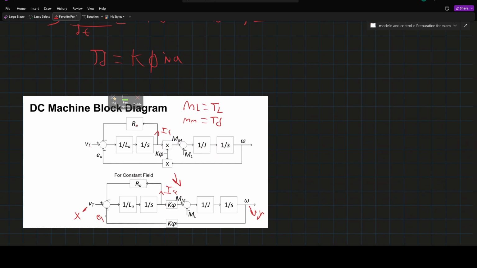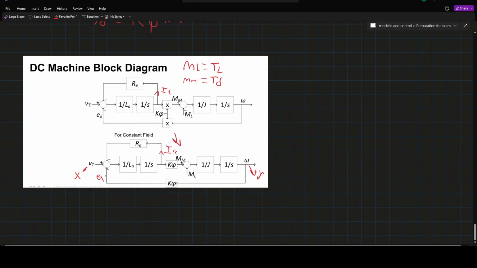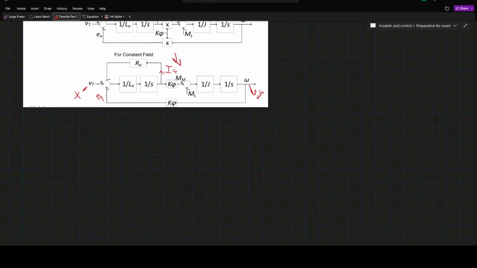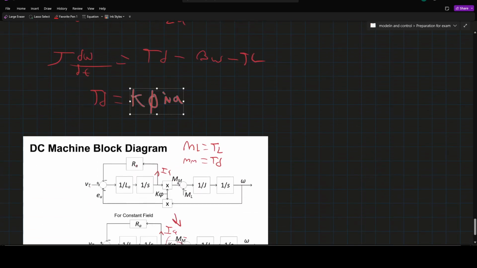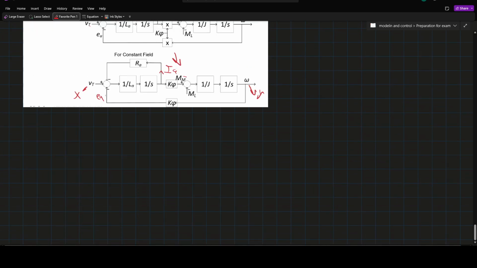So from here we get our dIA/dt, and when we integrate it we get our IA. So if you look at the formulas and you look at the diagram, they are showing the same story. Here again, for example, for our developed torque we have IA times K phi, and IA times K phi gives us our developed torque. So this is our block diagram.